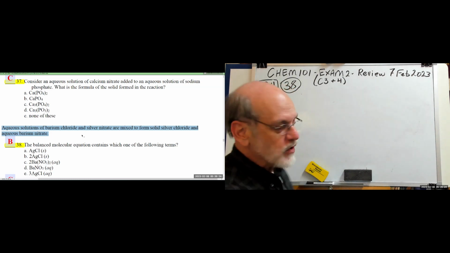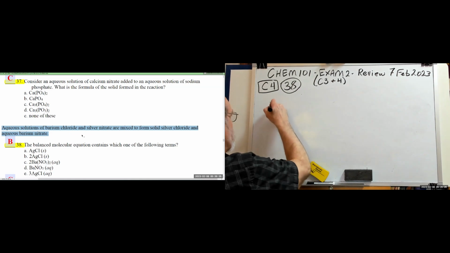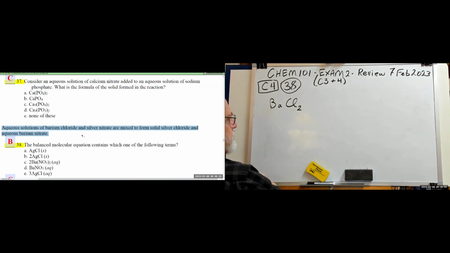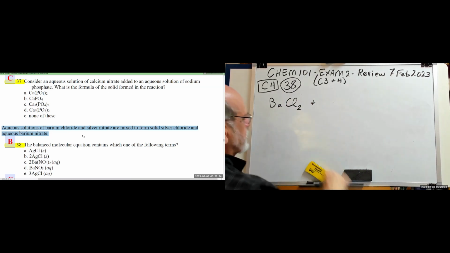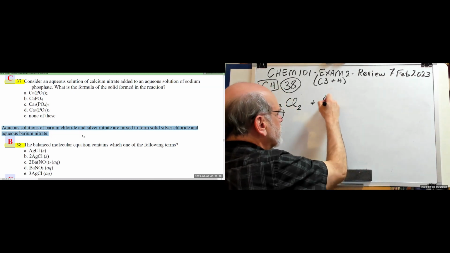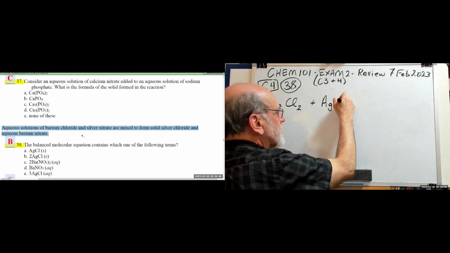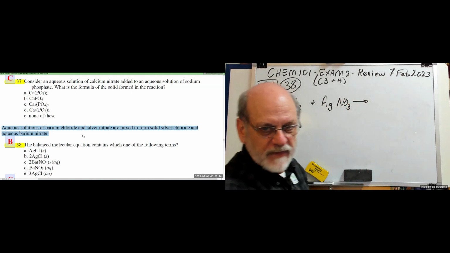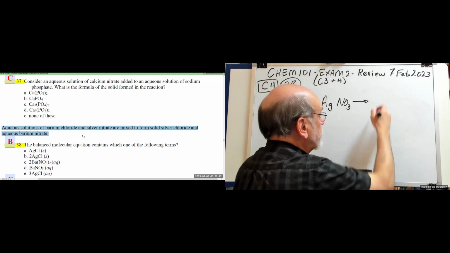It has a +2 charge. Halogens have a -1, so we need 2 of those. Okay. That's aqueous. I'm not going to write that up there. Silver nitrate. Silver is a 1 plus charge. Nitrate is a 1 minus charge. That's it. So it forms silver chloride.